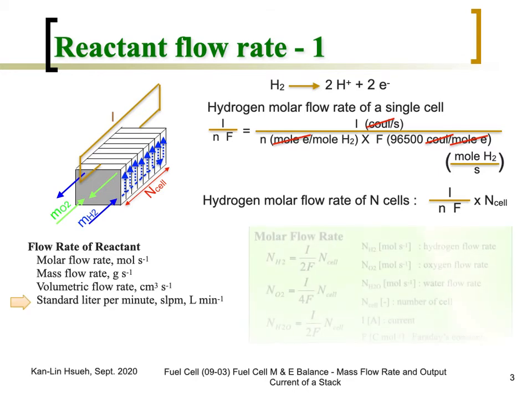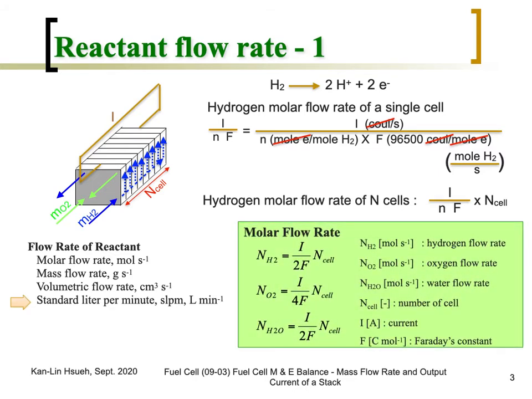The molar flow rate for the hydrogen can be calculated by I divided by 2F times N cell. For the oxygen, it is the same, but the number of electrons is 4, so you have to divide by 4F instead of 2F, because 1 mole of oxygen consumed requires 4 moles of electrons.